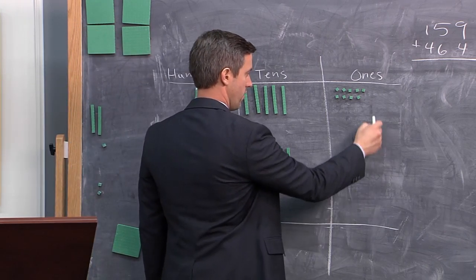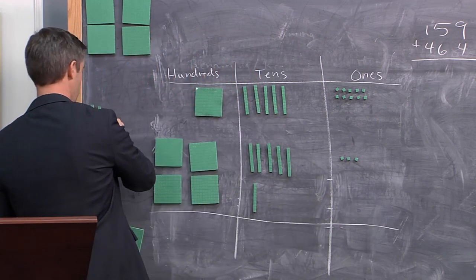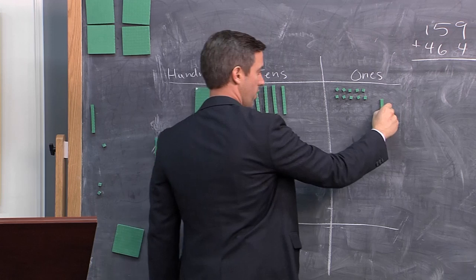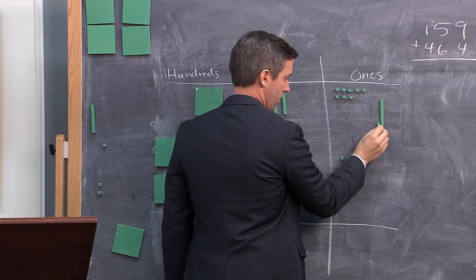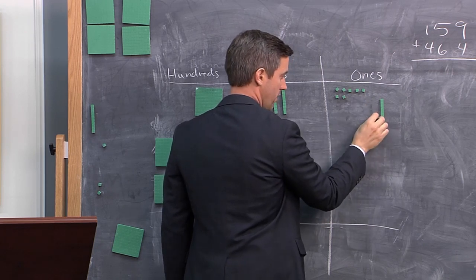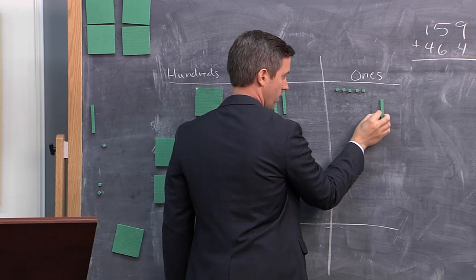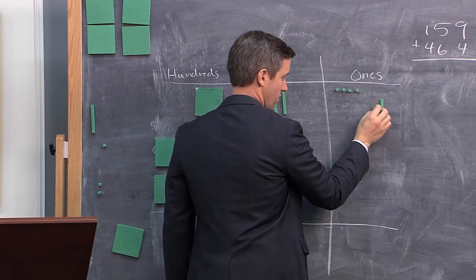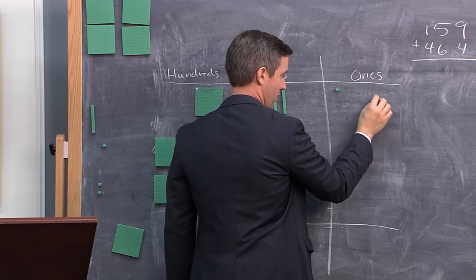I'm going to take this one here, make that group of 10, and I'm going to trade that group of 10 ones for 1 ten. I think it's helpful for some students when you initially are doing this to line up the 1 ten with the 10 ones so that they see that those are equivalent. Again, they're used to trading, and they will recognize if you're trying to rip them off.